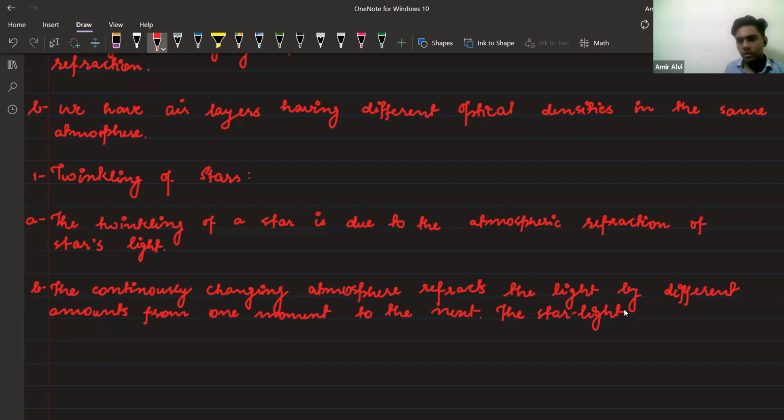The starlight reaching our eyes increases and decreases.